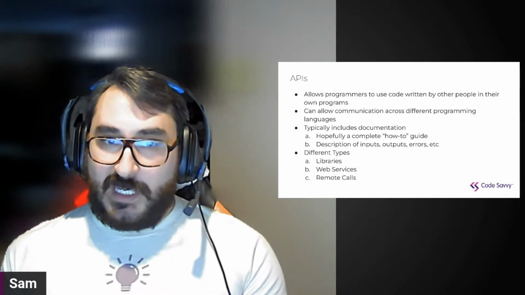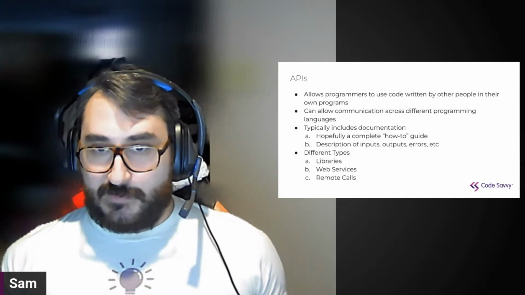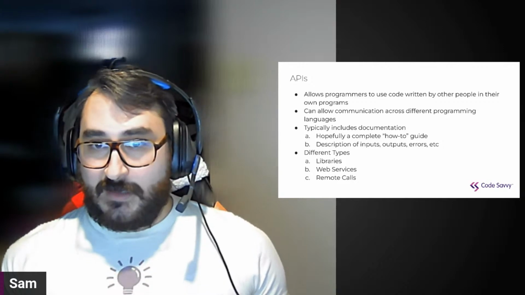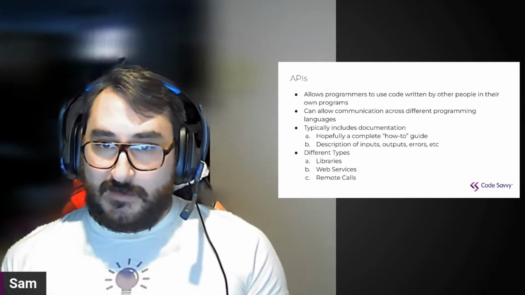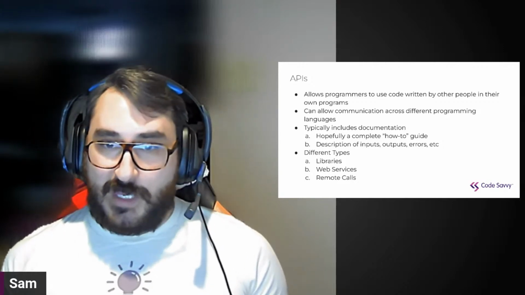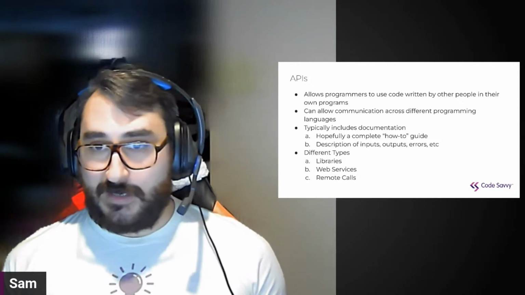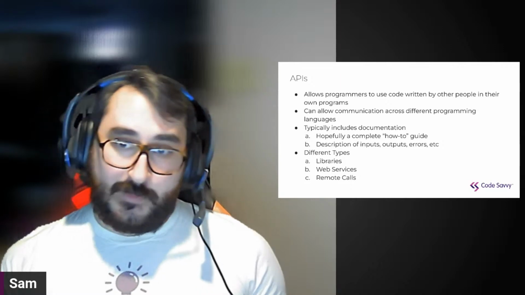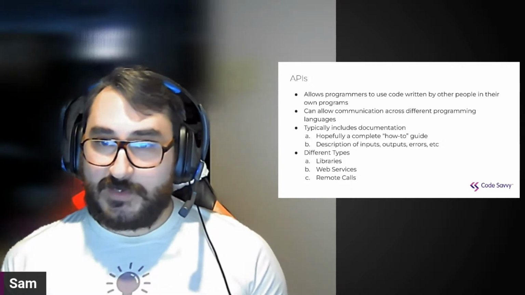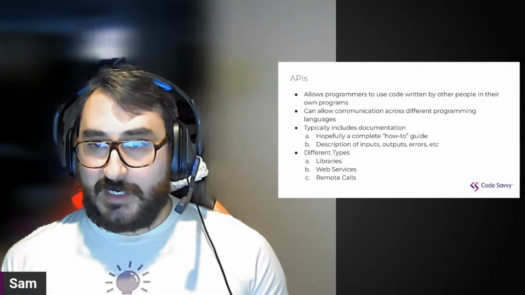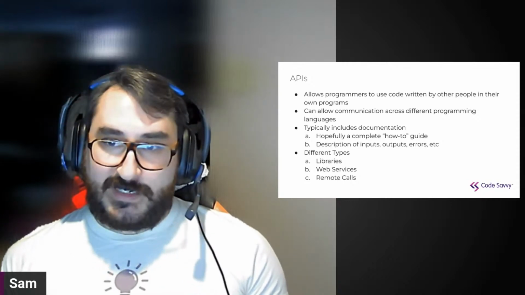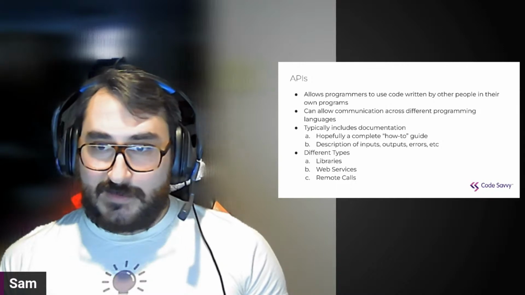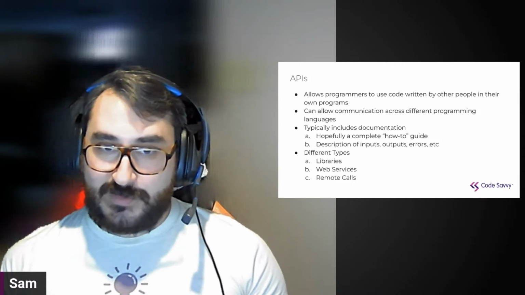So when you write an API, because it's meant to be used in code, it typically includes documentation. And hopefully you have a really mature API and they have a complete how-to guide that might include how to install it, version history, a place to ask questions, and maybe even some code examples.